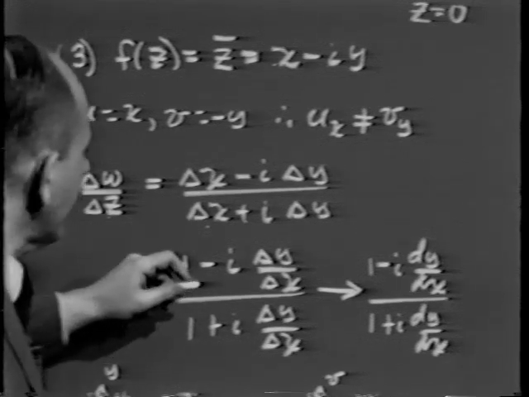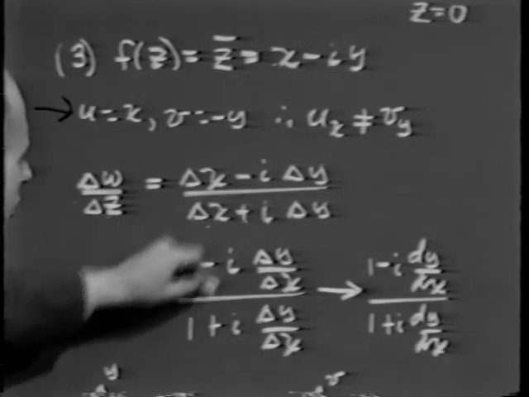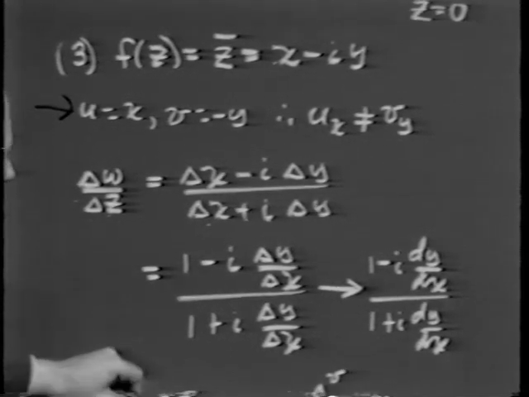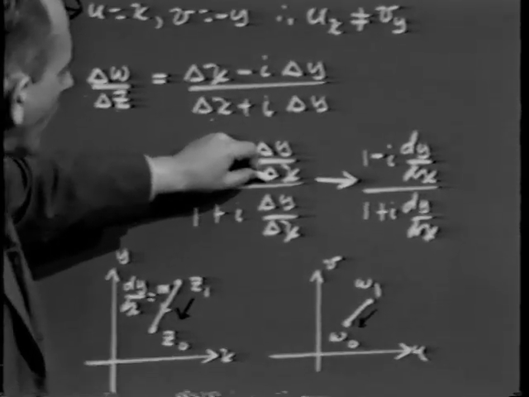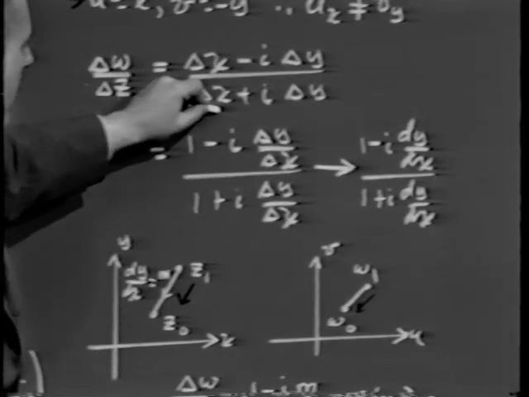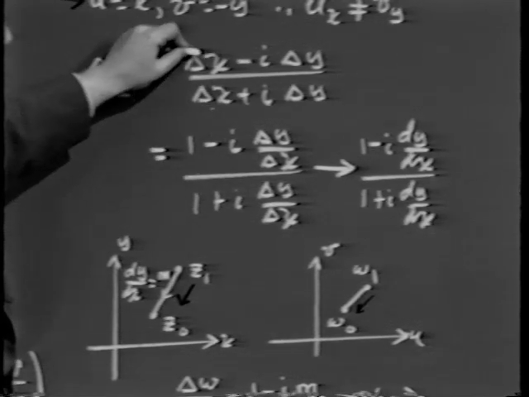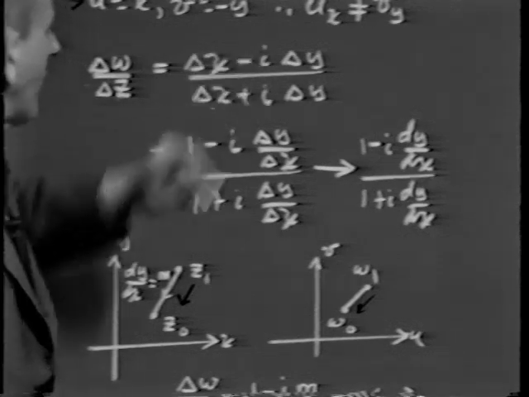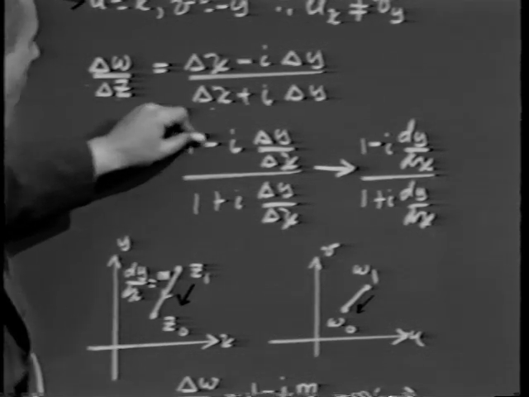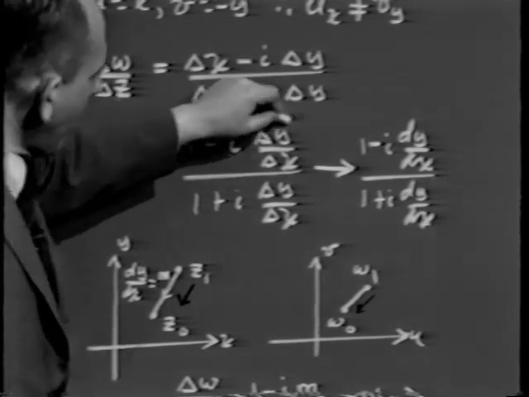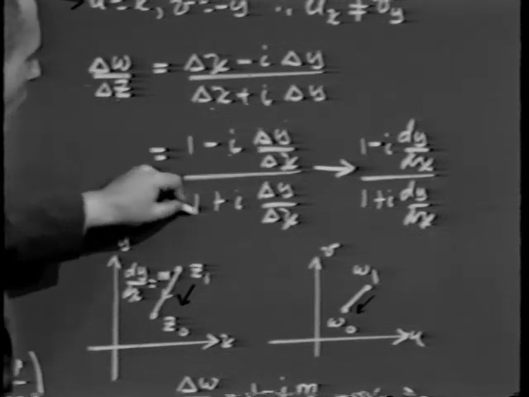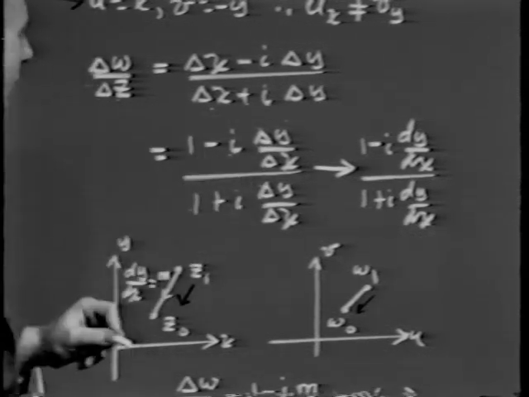Keeping in mind that I'm going to move in a particular direction in the xy plane to approach z0, I'm going to set up the slope over here. Namely, in this expression, I'm going to assume that delta x is not 0. And what I'm going to do is divide through numerator and denominator by delta x. That gives me 1 minus i times delta y over delta x, over 1 plus i delta y over delta x.